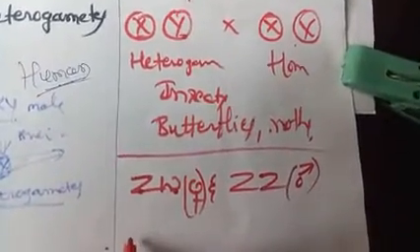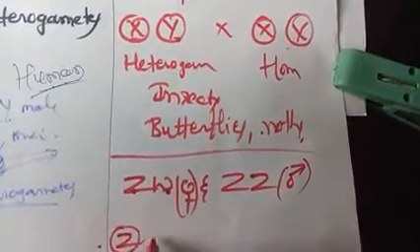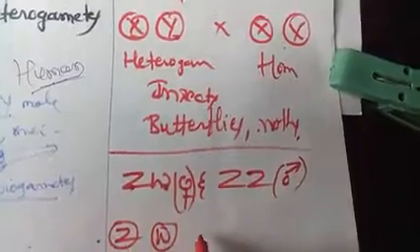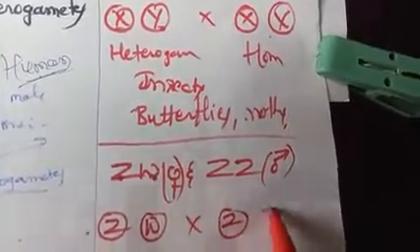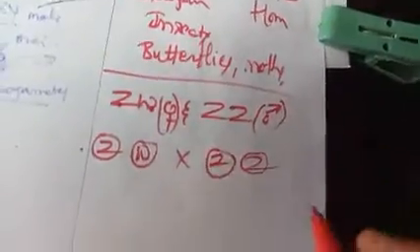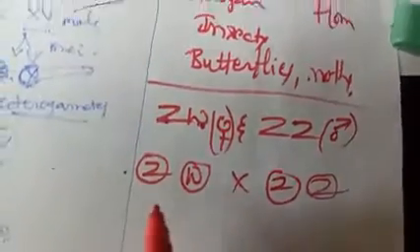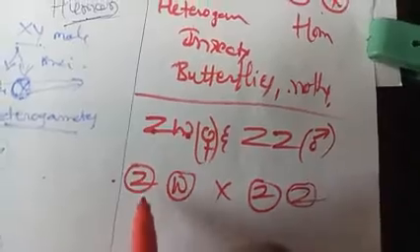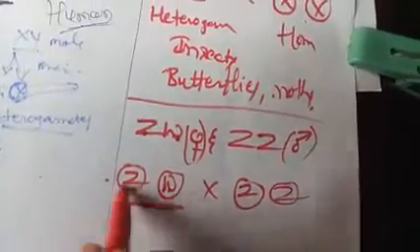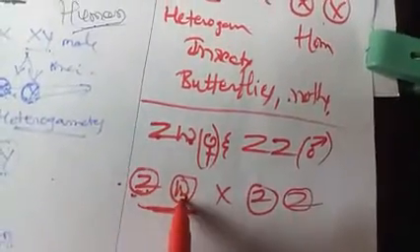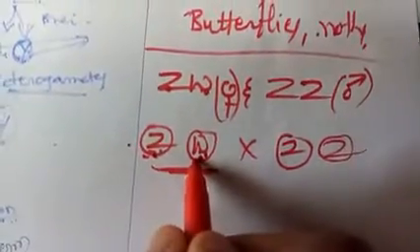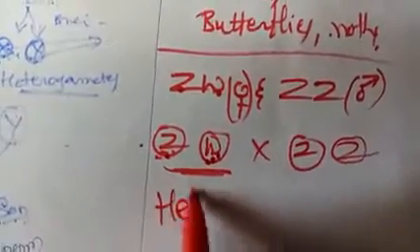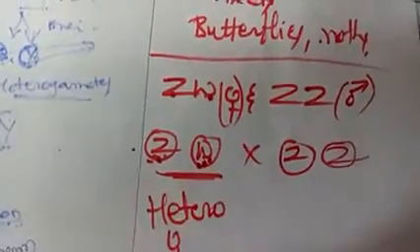When the female produces gametes, one gamete contains the Z chromosome and another contains the W chromosome, hence it is female heterogamety.